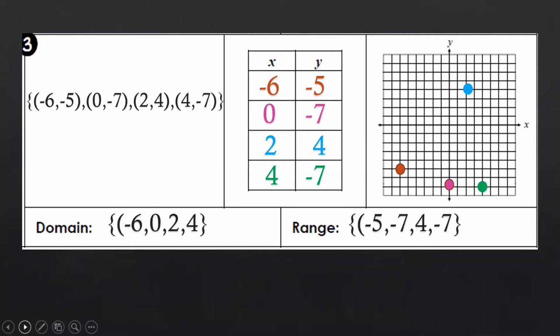All I did was I identified the point and its ordered pair. I first put it in the table. Once I had my table complete, I can then go write my relation. And from my table, I can pull out all my x's and all my y's.